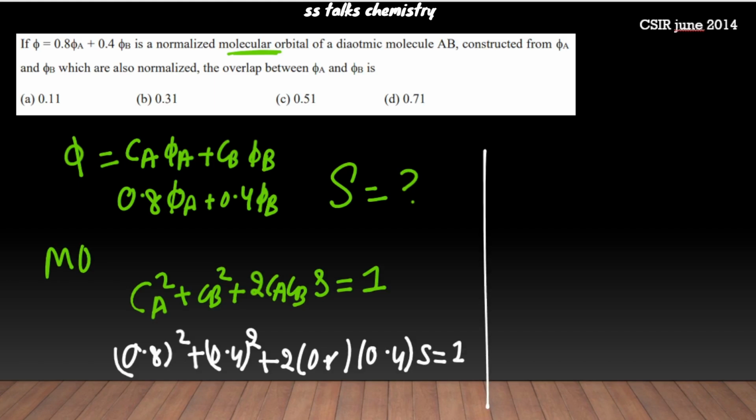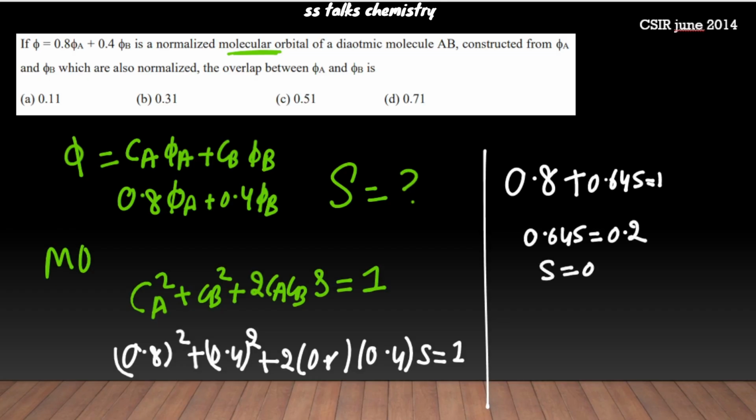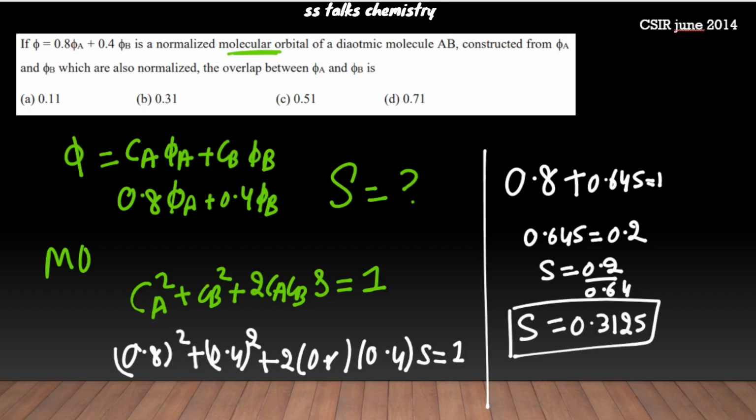So we are getting 0.8 plus 0.64 times S equal to unity, or 0.64 times S is equal to 0.2, or S is 0.2 upon 0.64. We get the value as 0.3125. So this is going to be the value of this overlap.